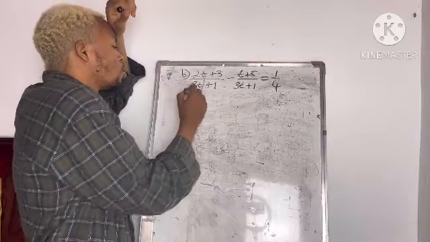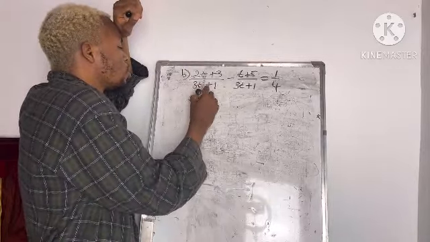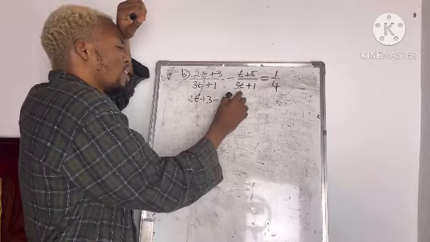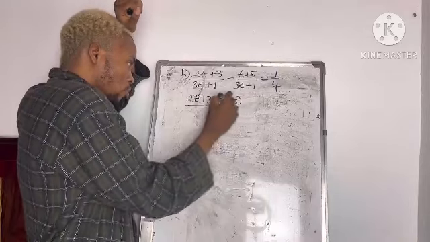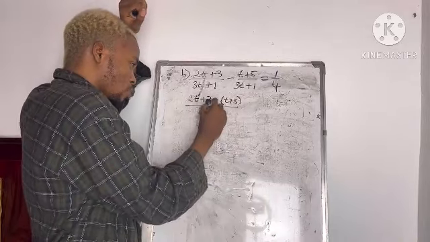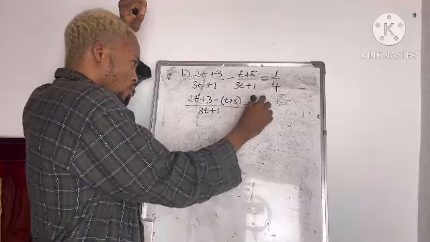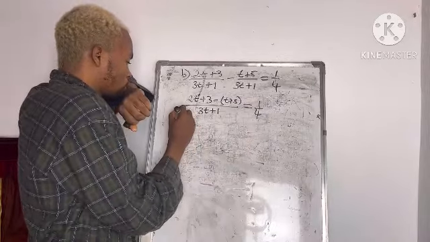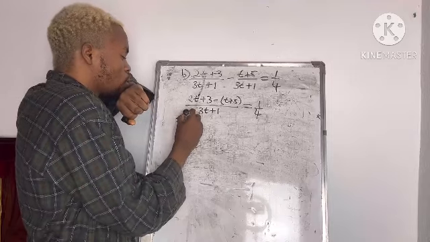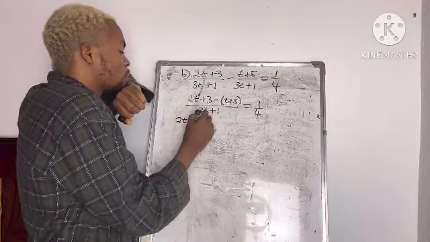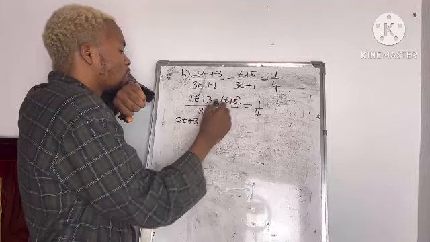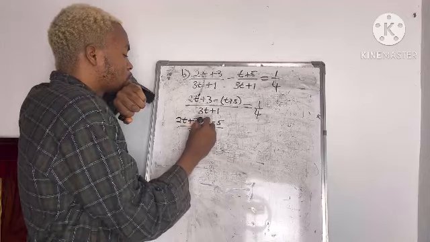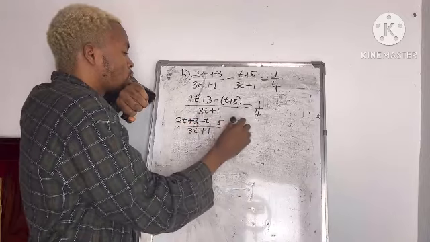So you have (2t + 3 − (t + 5)) all on 3t + 1 equal to 1/4. So from here you have 2t + 3, negative times t, you have negative t, and negative times 5, you have negative 5, all this divided by 3t + 1 equal to 1/4.